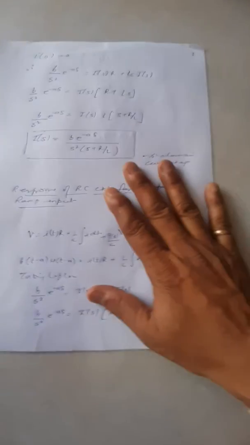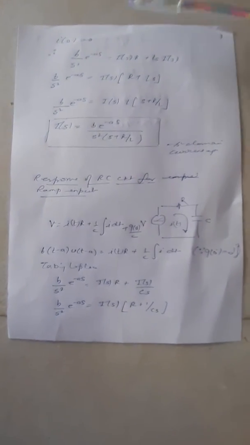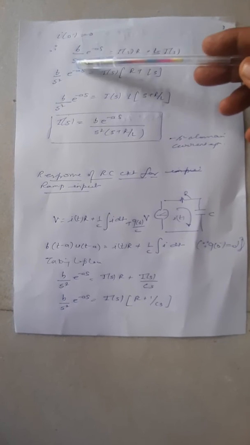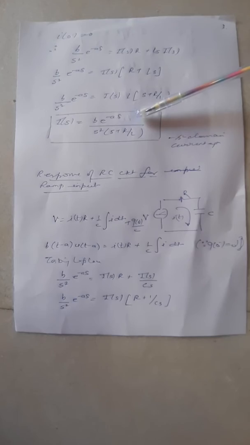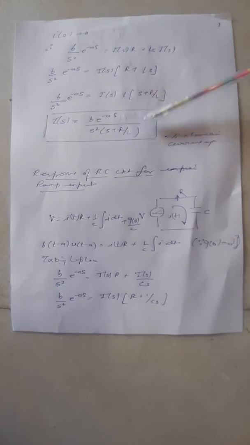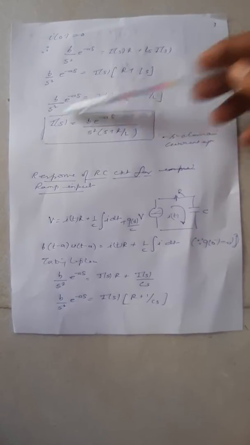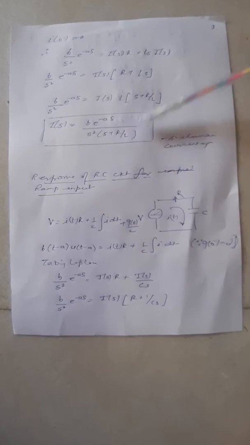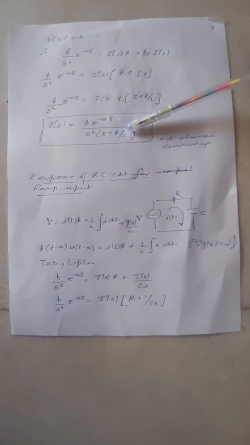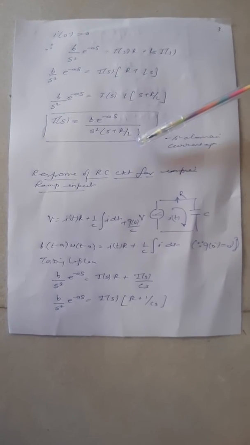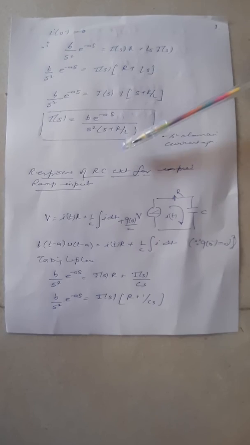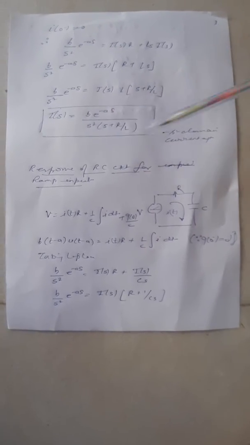Therefore, we obtain this equation, and on rearranging, this is the value of the current in the s domain. I have left the inverse Laplace of this equation for the students, to obtain the equation in the time domain and find the current i(t).